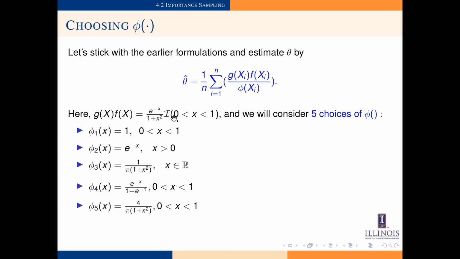So this is essentially the uniform density. So we know that in the region from 0 to 1, it's equal to 1, and outside the region, this should go to 0. We will consider 5 possible choices of the importance function phi. And the question we want to ask is which one works better.